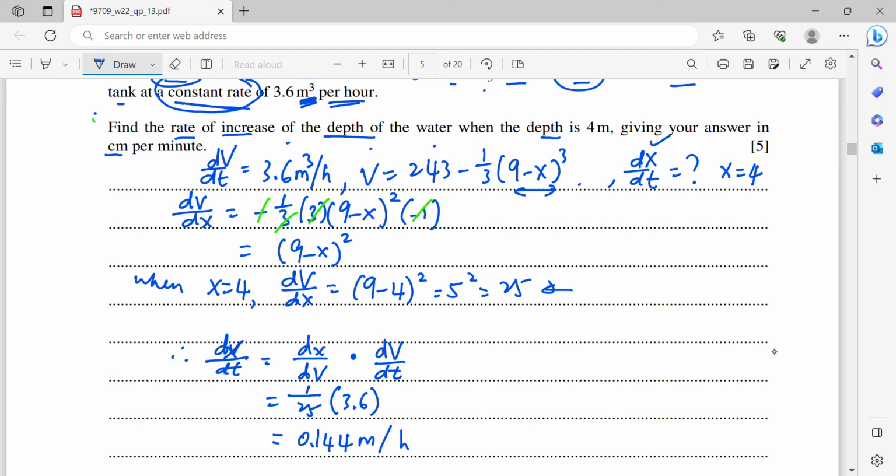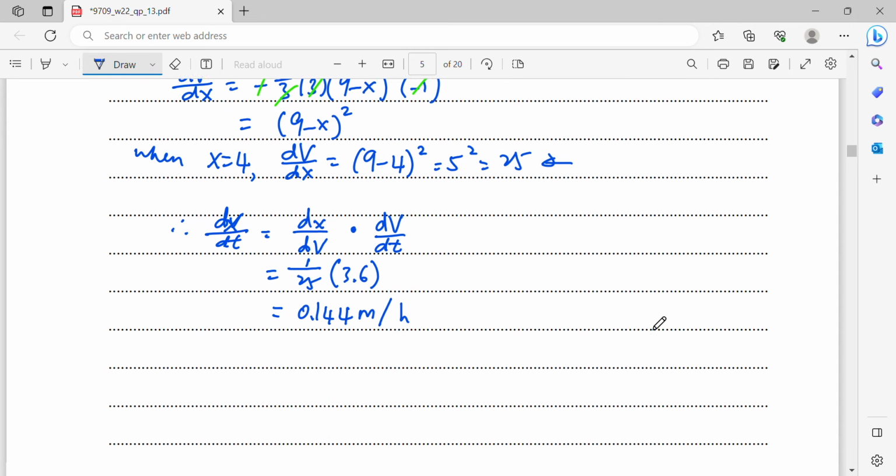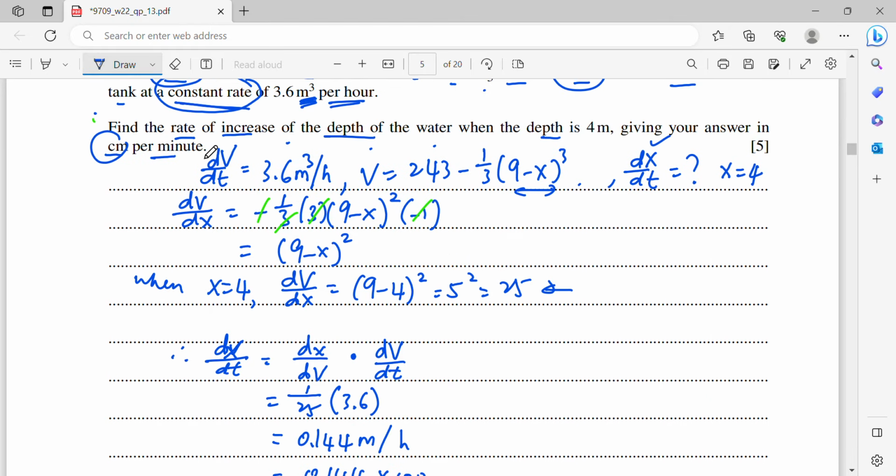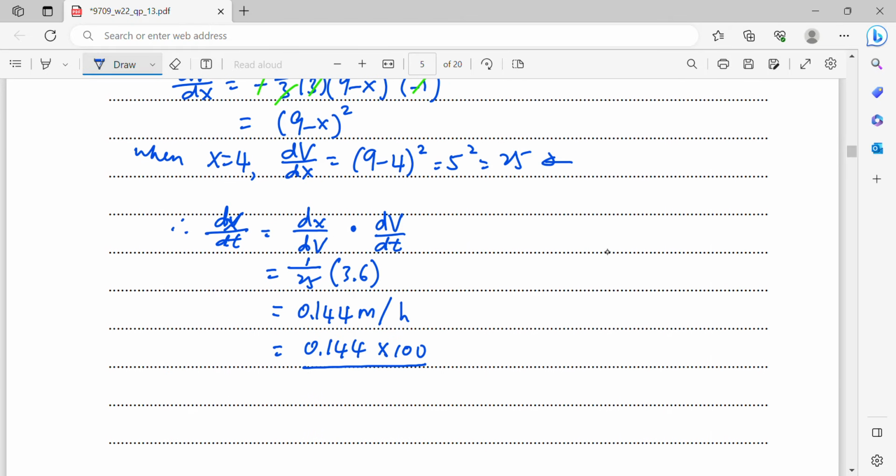Now the question is asking for centimeter per minute, so we need to do a conversion. We know that 1 meter is 100 centimeters, so you times 100 over 1. An hour has 60 minutes, so to get per minute, here is going to be 60. Per means divide.